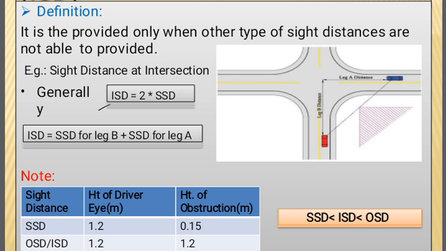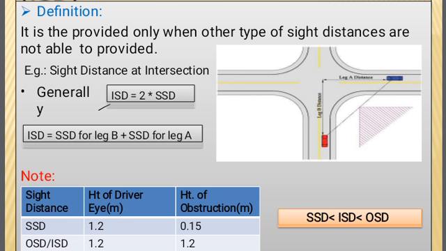One more definition is of lateral sight distance. This is the last sight distance, lateral sight distance. It is the distance needed by the driver of a vehicle who sees another vehicle approaching the intersection, reacts, and applies the brake to bring his vehicle to a dead stop at the intersection without collision or accident.